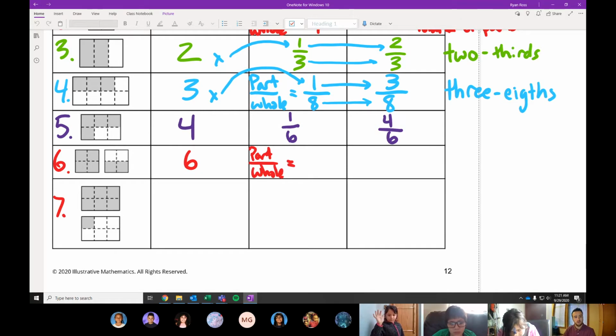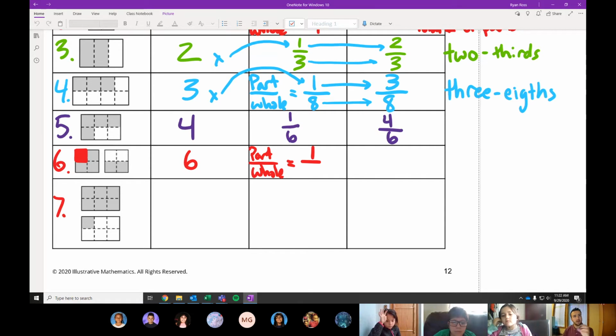So your part and whole. If I shade in 1 red box, then how many are shaded in red? What do you think, Fernando? You're on mute. I can't hear you. Sorry. 1. Yeah, there's 1 part that's shaded in red.